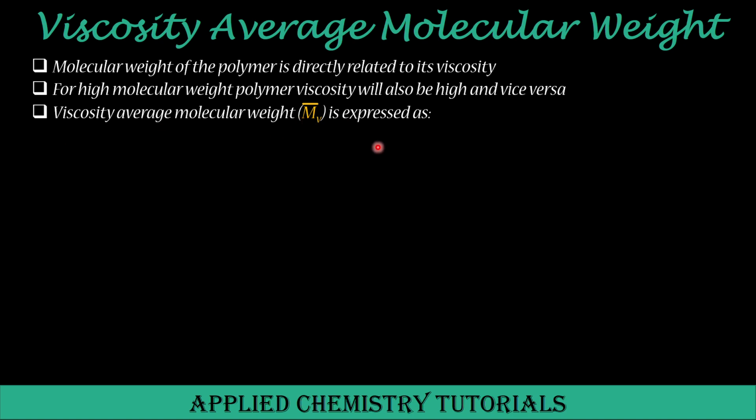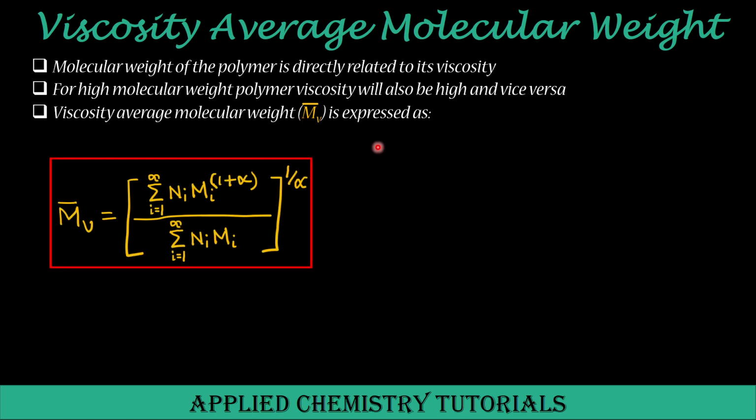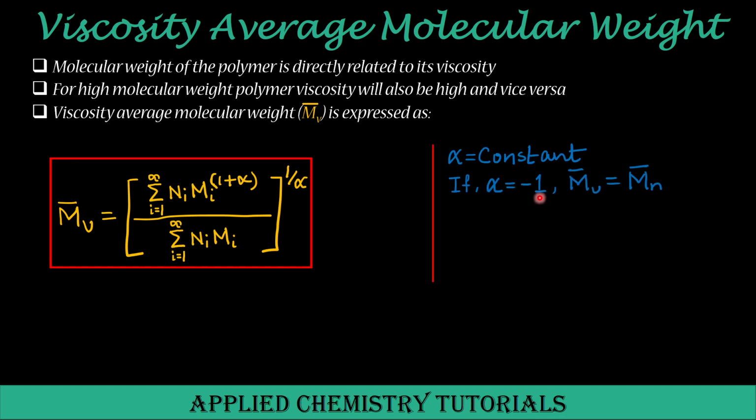Viscosity average molecular weight or Mv bar is expressed as Mv bar equals summation of Ni Mi to the power 1 plus alpha from i equal 1 to infinity divided by summation of Ni Mi from i equal 1 to infinity, whole to the power 1 over alpha. Now alpha is a constant.